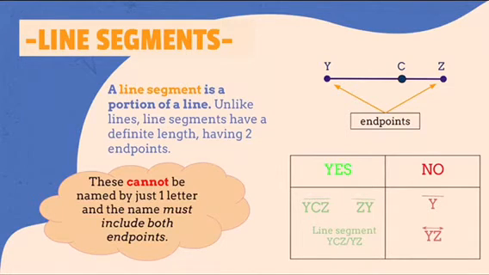Now, it is important to not add arrows when naming a line segment because it could be mistaken for a line, such as here. This means line YZ.